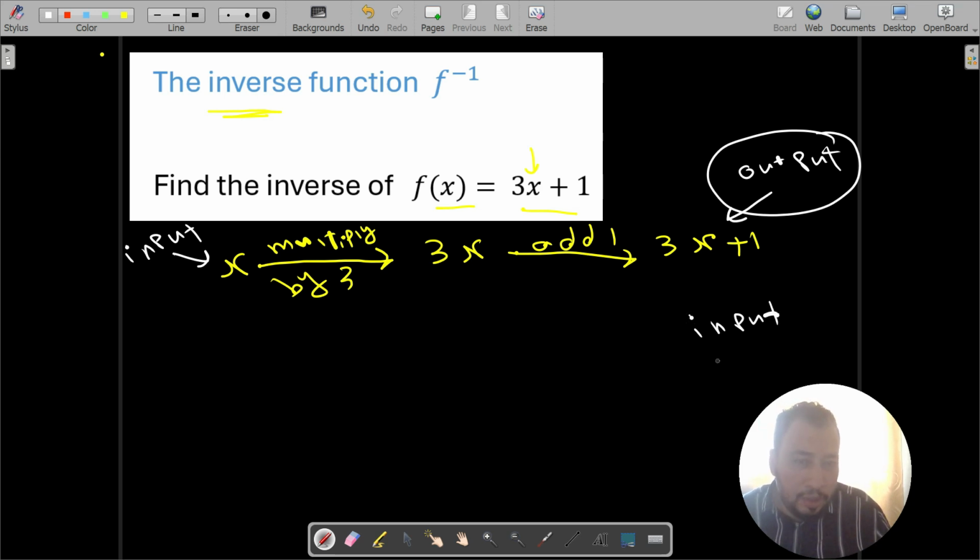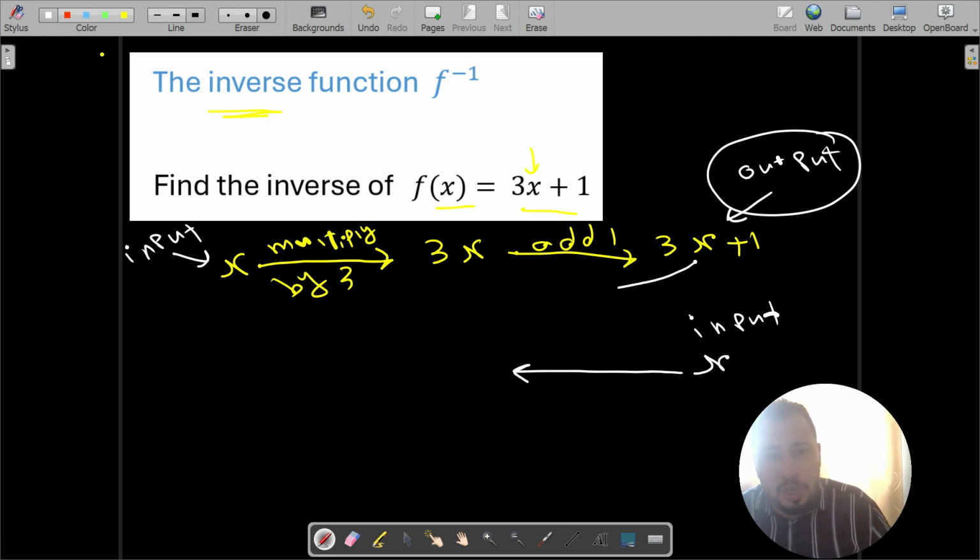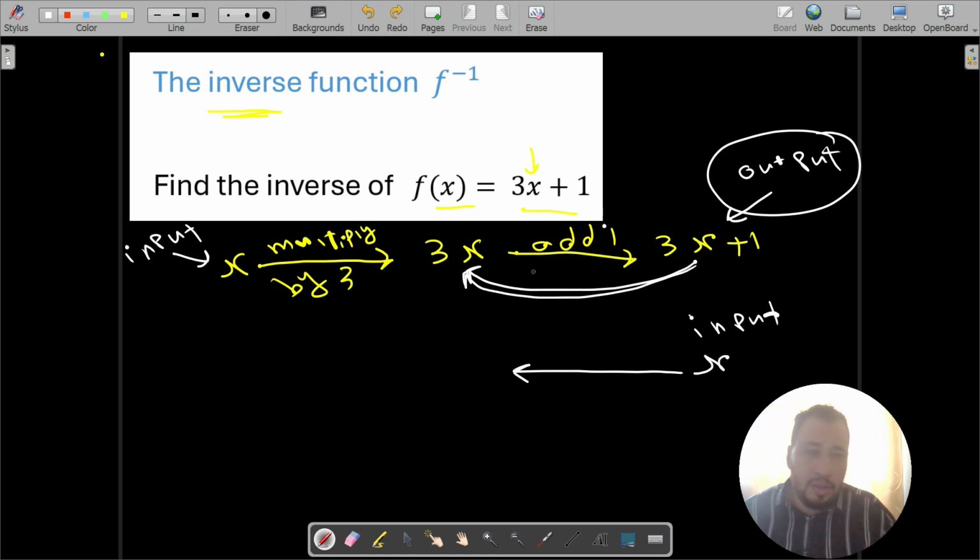What is your input normally? It is x. Okay. Then when you go backwards, you will go here like this, and you'll get the opposite operation. Here when we go backwards, we had add 1. What is the opposite of add 1? Subtract 1. So you write here subtract 1.